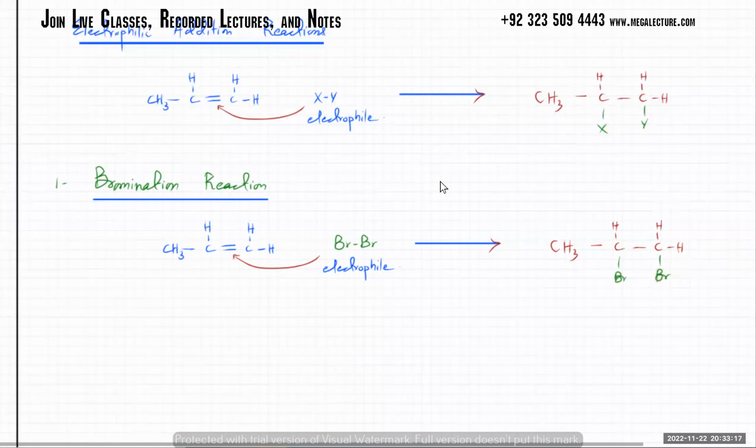Okay, that's bromination. The conditions for this: first, it's room temperature and pressure. That means you don't need any special conditions. The bromine just gets attracted to the double bond. Br2 aqueous is used. The solvent is going to be either aqueous or inert.